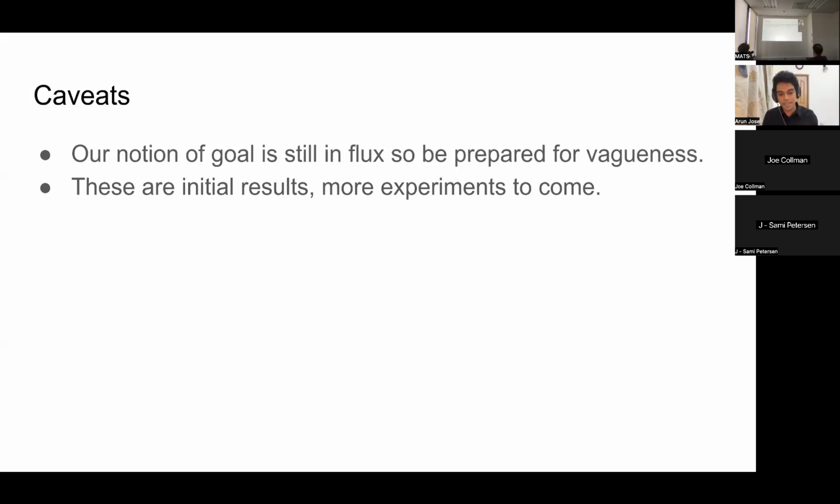I want to emphasize that the stuff here is meant to be in service to the bigger picture, that this is the route to solving alignment, and all the intermediate results are meant to be in service to that. All the experiments we're running are meant to give us insights on how to iterate quicker. These are definitely initial results, and we definitely have more experiments in mind in terms of more standalone impressive stuff that we can do with them.